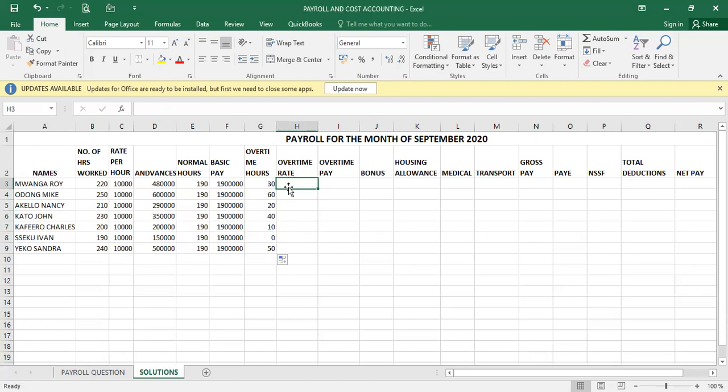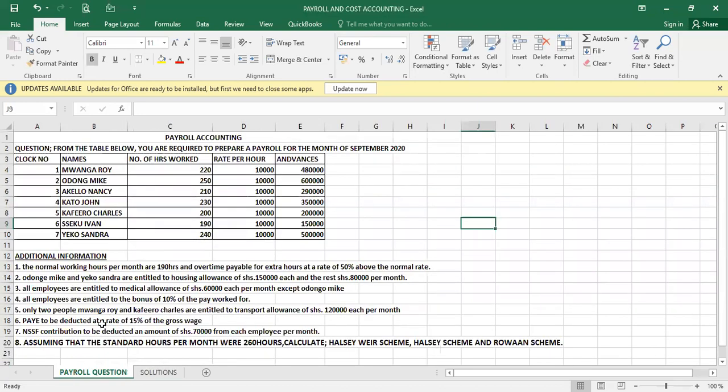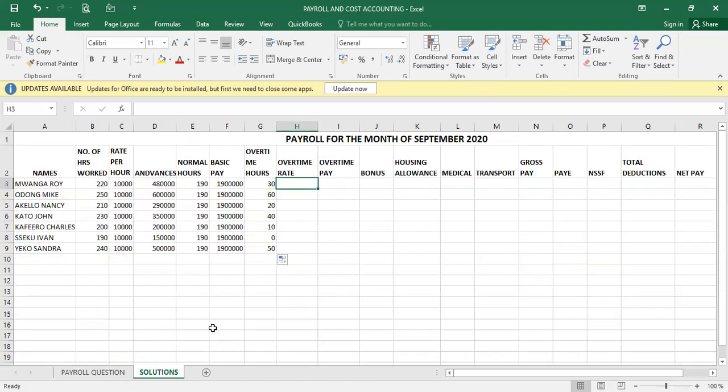The overtime pay for an extra hour is at a rate of 50% above the normal rate, meaning if the normal rate was 10,000, you get 50% of it, then you add it back.